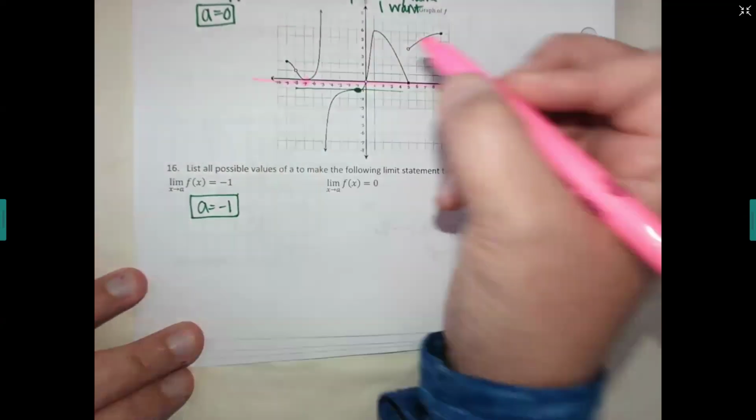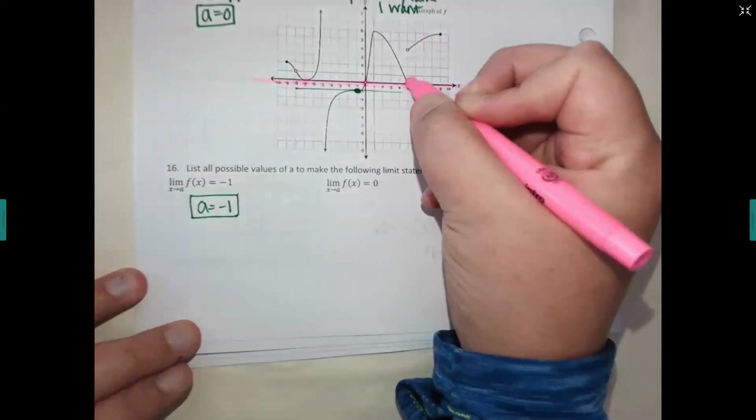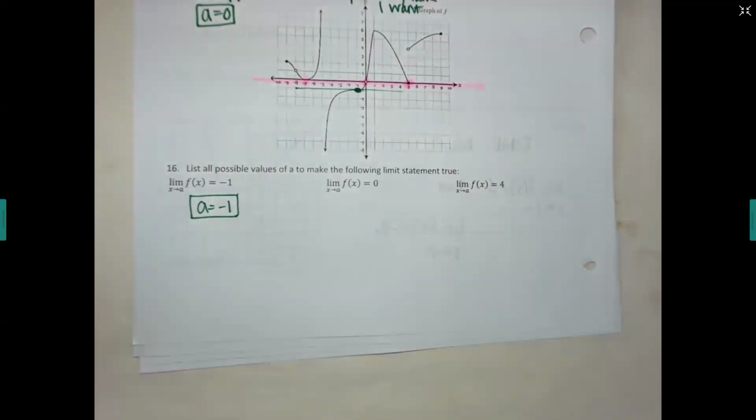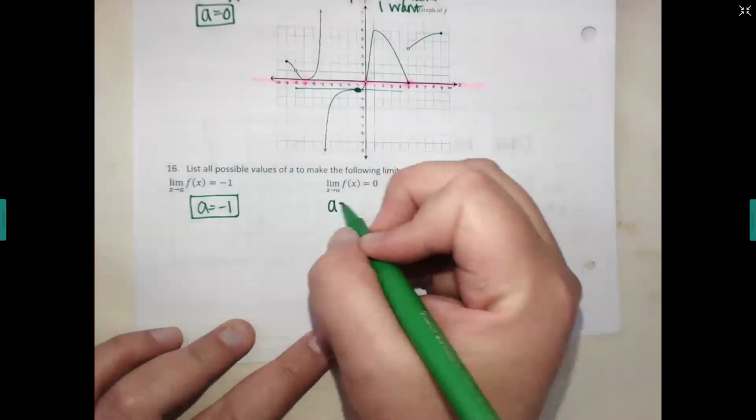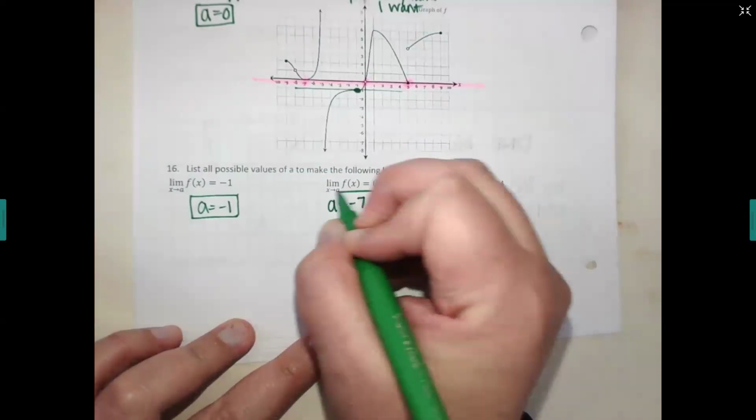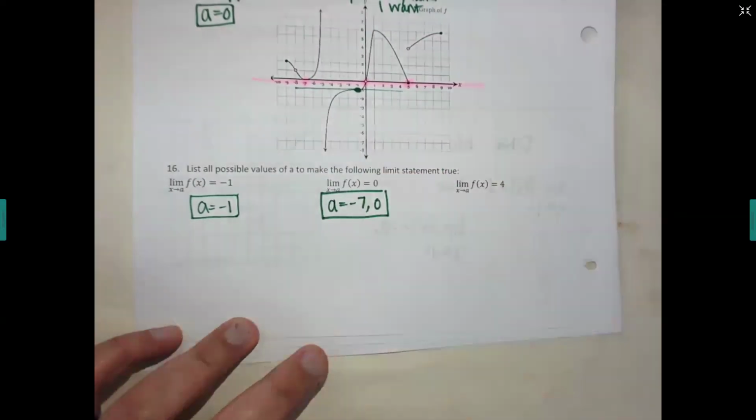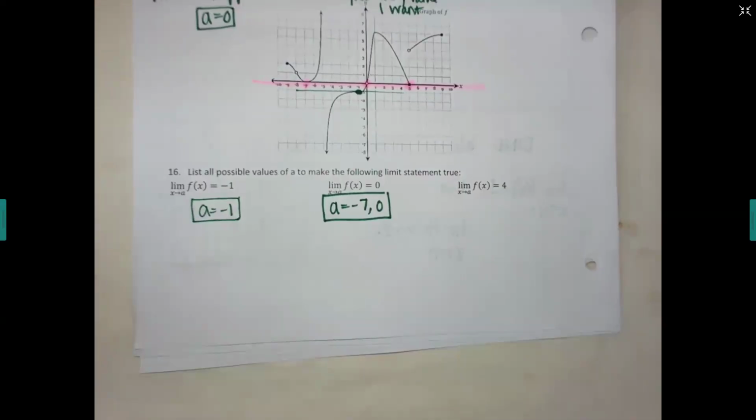Here, here, and here. But which of those is not a two-sided limit? 5. So I would only list -7 and 0. Okay, not 5 because it doesn't approach 0 on both sides, which is a requirement for a two-sided limit.